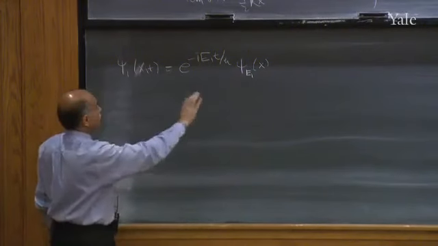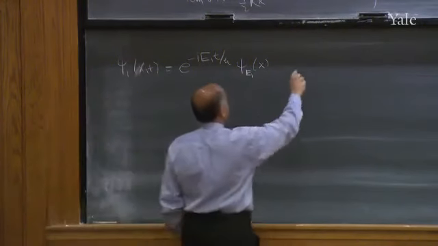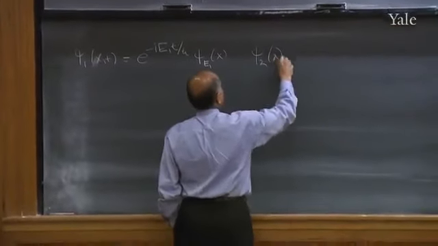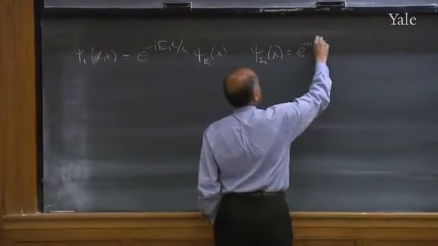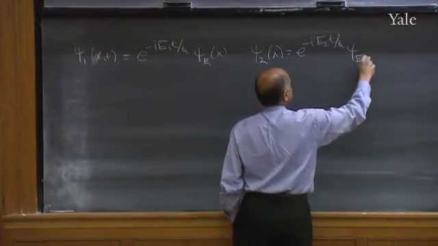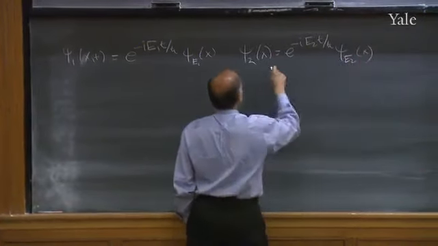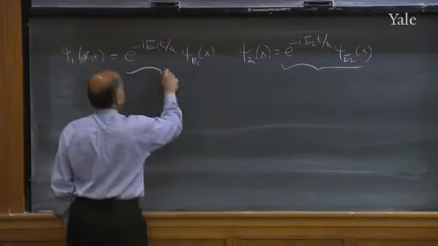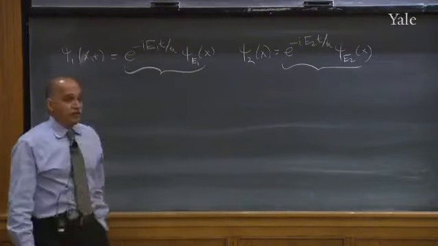That's the one solution for energy E1. Then there's another solution, psi 2 of x and t looks like e to the minus iE2 t over h bar times psi sub E2 of x. This function has all the properties I mentioned, namely nothing depends on time. That has the same property.